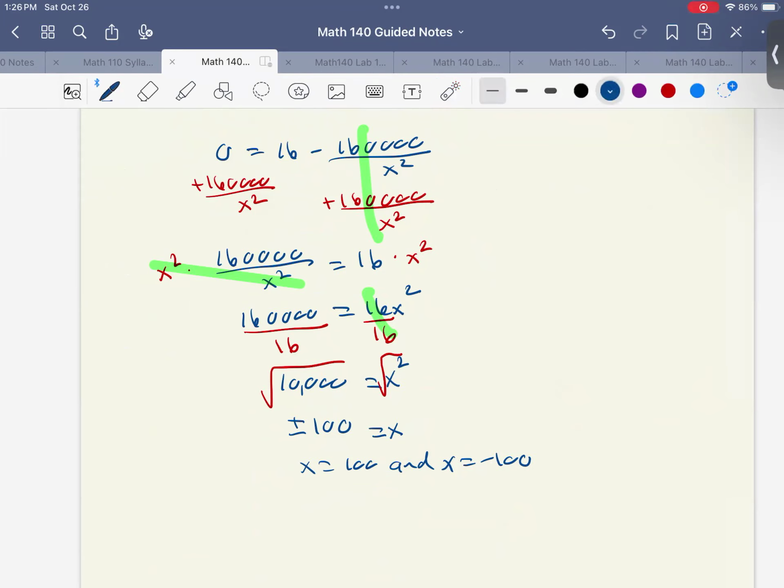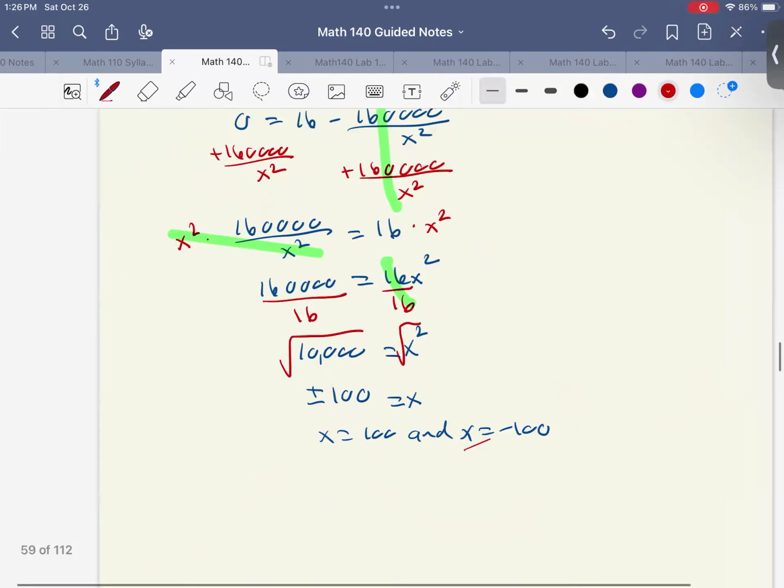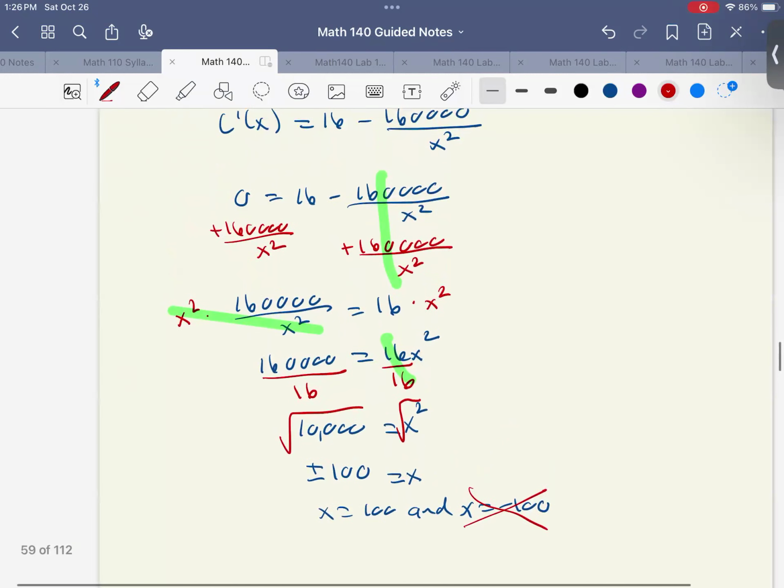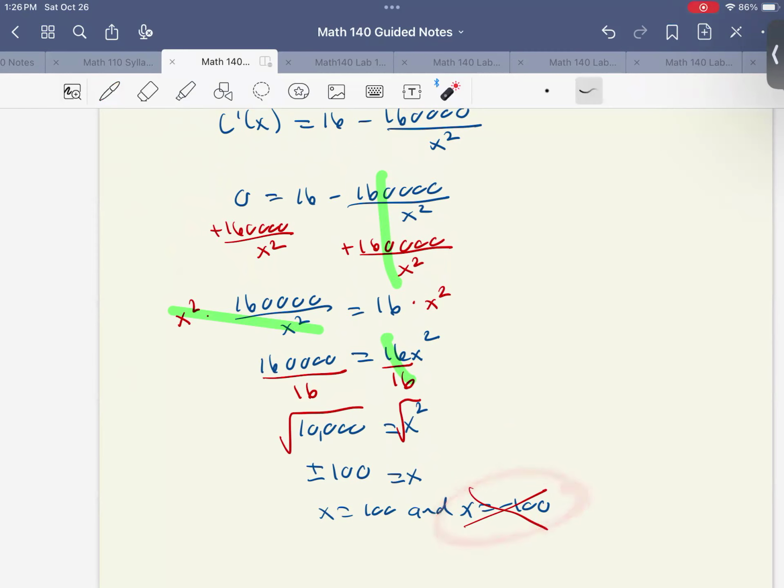So what we can do is just disregard this negative 100. Also, if you think about this in a business sense, it doesn't make sense to have a negative 100 lot size, right? You wouldn't be able to apply that. So we can disregard this negative 100, and 100 is our lot size that we need to minimize inventory cost.